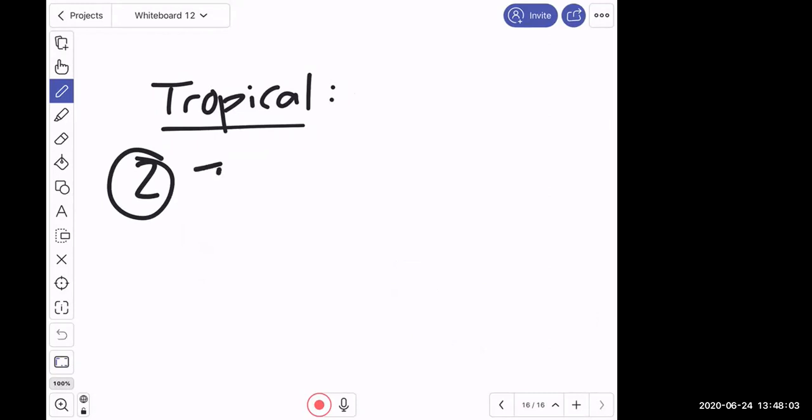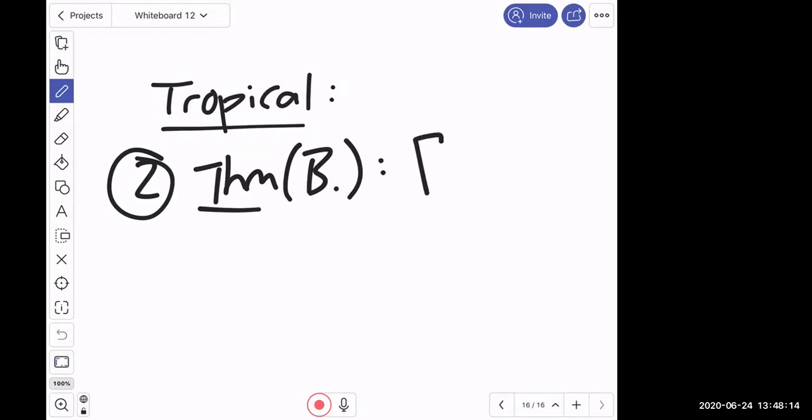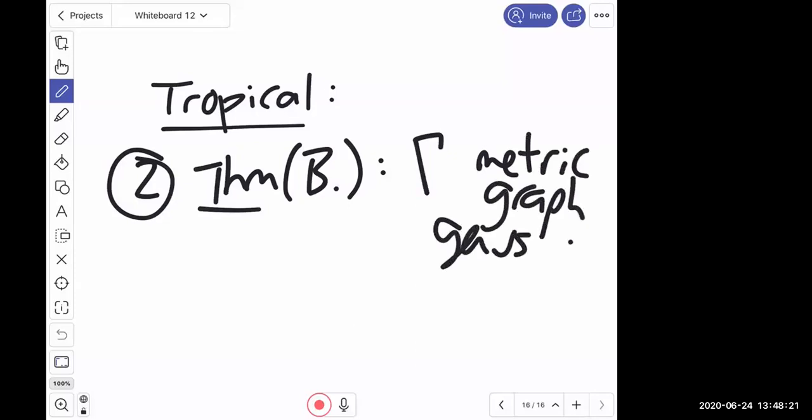So here's a theorem that I proved, but this is really just that specialization inequality, plus one more thing that I'll tell you in a second. So gamma is any metric graph of genus g. And again, you fix r and d.